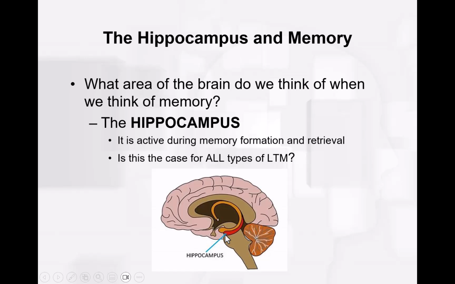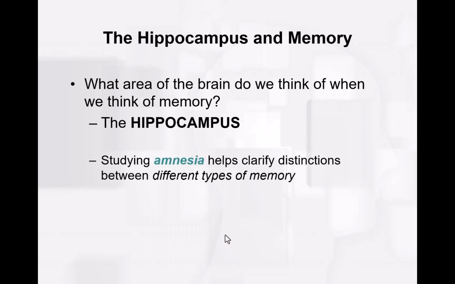That is an important anatomical distinction. Now, we talked about, is the hippocampus responsible for all types of long-term memory or all types of memory? So again, studying amnesia helps clarify these distinctions, not only between the brain regions, but also different types of long-term memory. So we can use amnesiacs to relate brain regions to a specific type of memory.